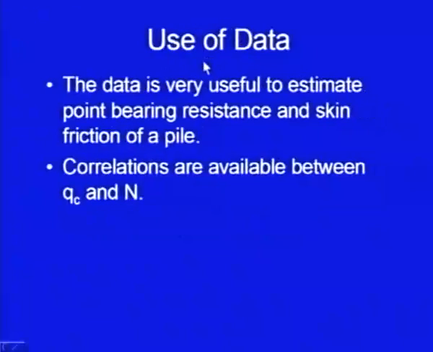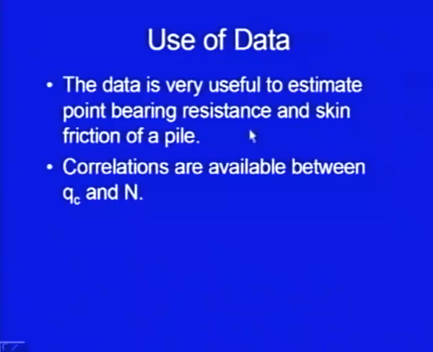Let us now go to the point of how to use the data of the SCPT. If you have seen a pile, which you will be studying in detail later on, the pile resists the load in two ways. One is through the skin friction, which acts on the sides of the pile, and second, resistance comes from the tip.